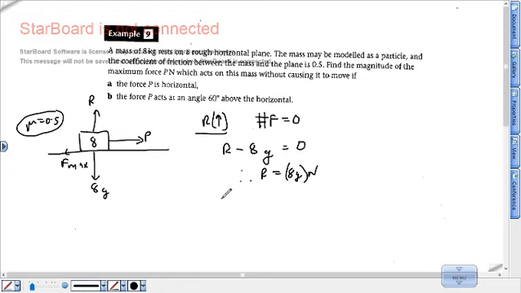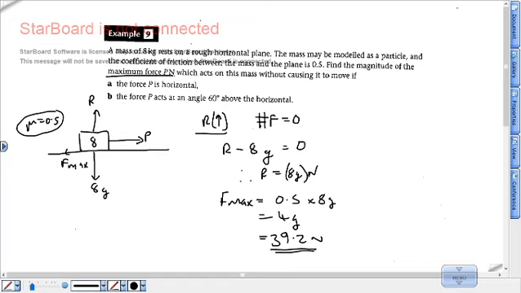And then from that we can deduce that F max is equal to mu, which is 0.5, multiplied by R, which is 8g, and that will give you 4g, which in turn is 4 times 9.8, which is 39.2 newtons.